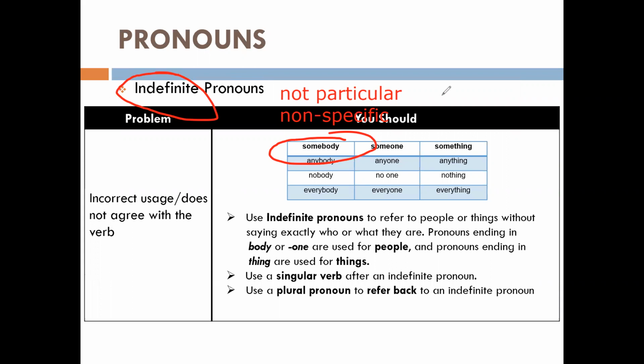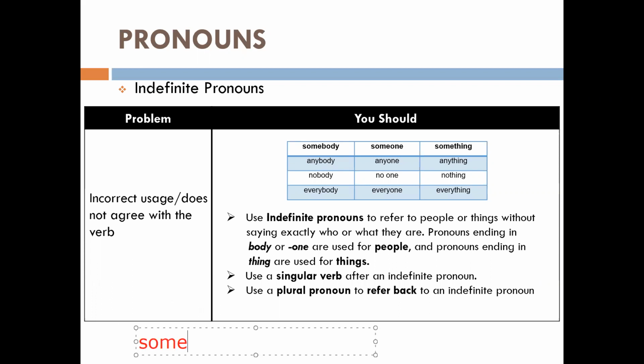Yung indefinite pronoun po natin, nagsisimula po yan, all right, sa apat na prefix. All right? So we have the some, we have the any, meron tayong every, at meron tayong no. Ngayon, all you need to do is to add.